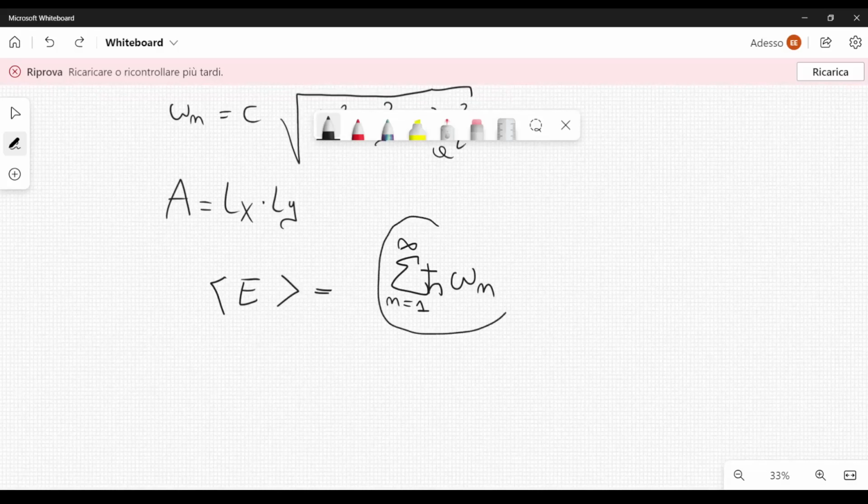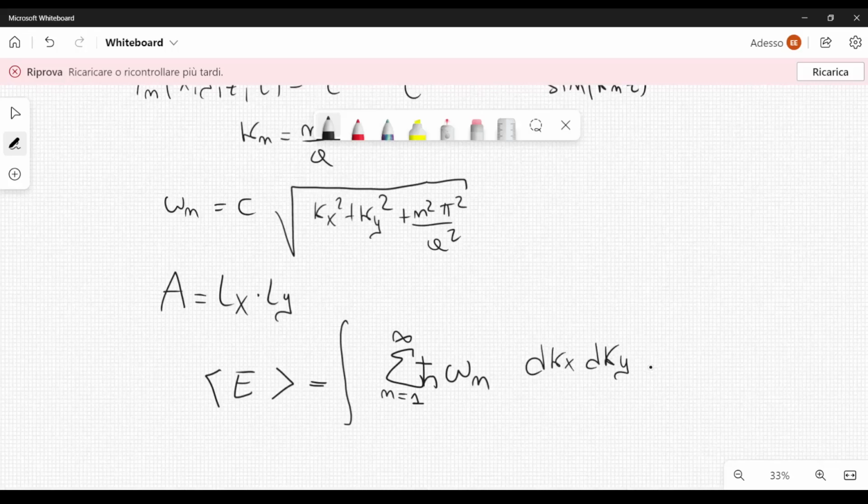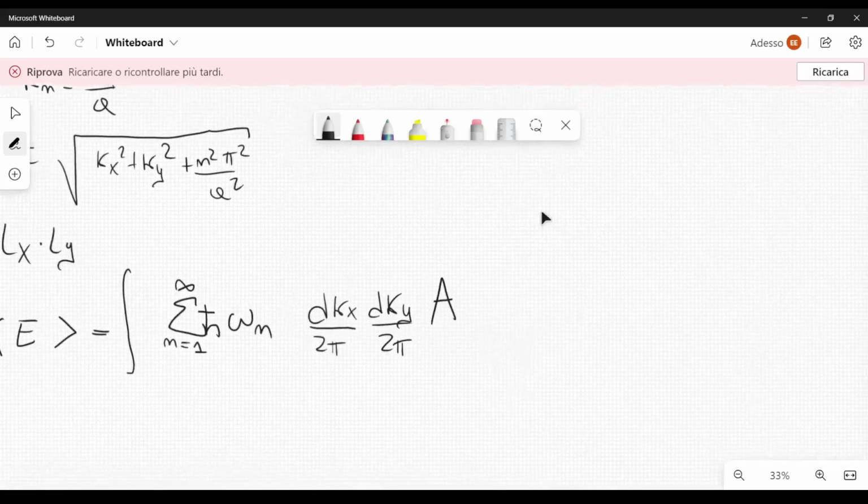And then it's not over. This is not the energy yet, because we still need to integrate over all the possible values that kx and ky can assume. So we have to integrate over dkx and dky, and we also have to multiply by the area of the plates, and I will try to motivate this. And we have to divide by 2 pi and 2 pi to make this a little bit more consistent. Why is that?